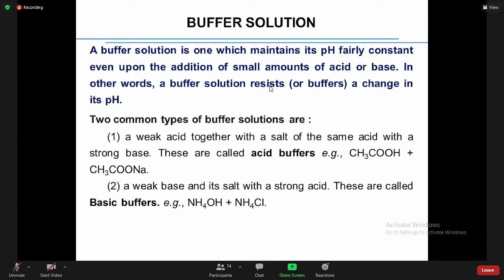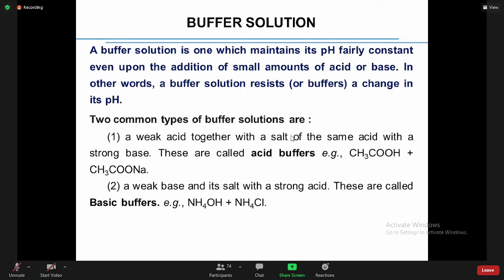Okay, another topic is buffer solution. What is a buffer solution? A buffer solution is a solution which resists the change of pH if we add protons or hydroxyl ions to that solution.